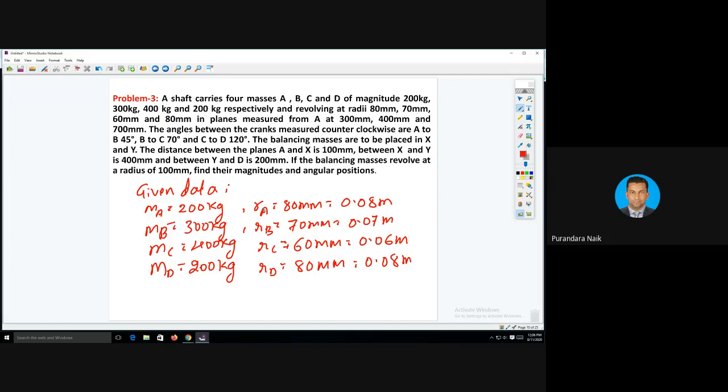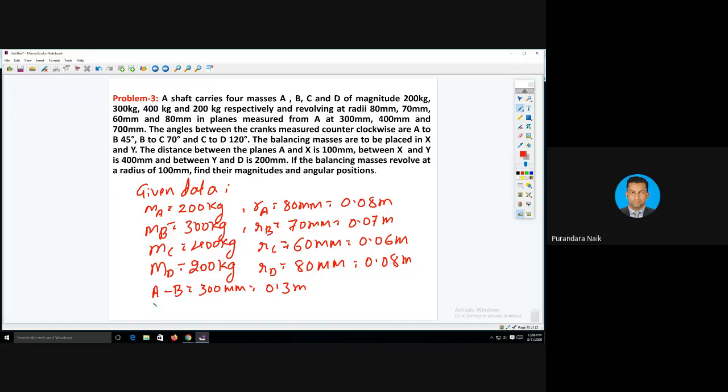Masses and radii are given. The next data is the distance between the planes. The planes are measured from A. So the distance from A to B is given, that is 300 millimeter, which is equal to 0.3 meter.